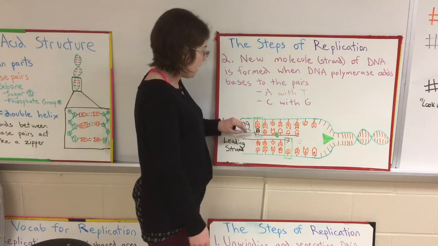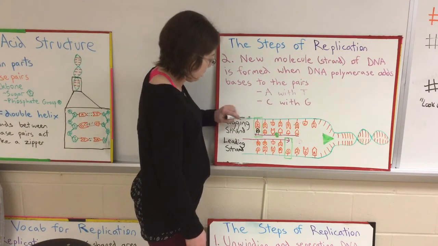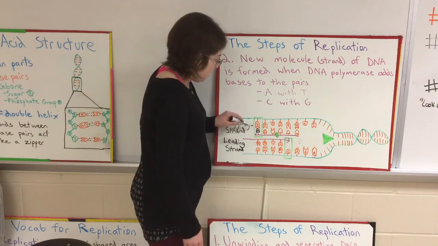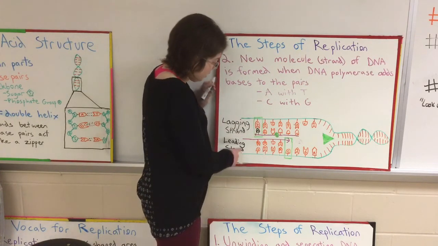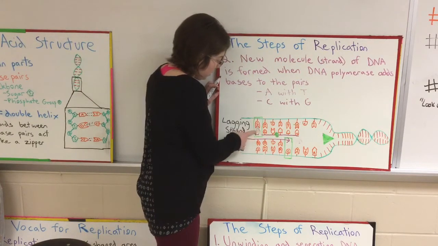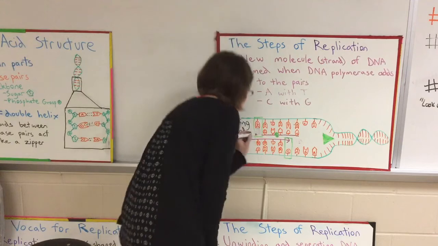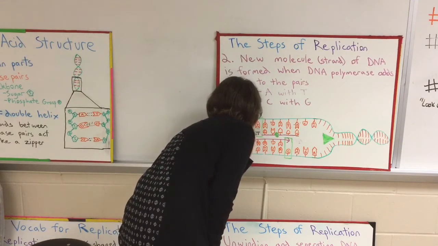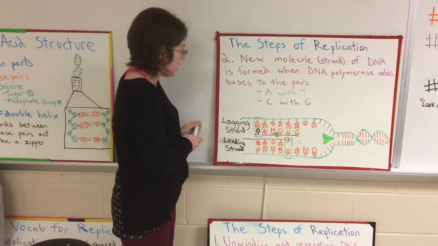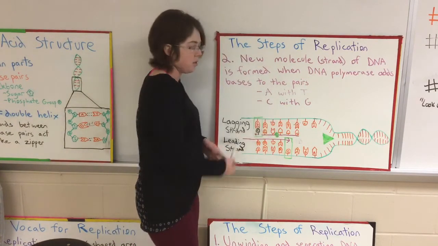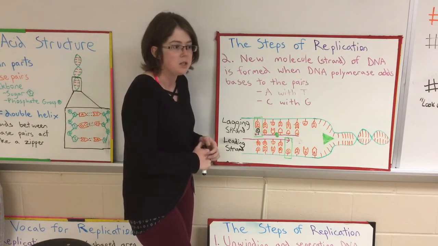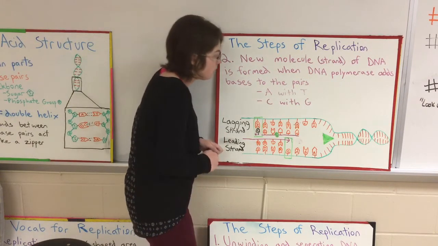So it made a mistake and put an A because a C is always supposed to go with a G, and that's a G. The DNA polymerase can then proofread this, get rid of this one, and put the correct one in. It's called proofreading, just like when you're writing a paper. So the polymerase can proofread and make sure it actually matches them up right. This is important because it helps prevent mutations or genetic abnormalities.